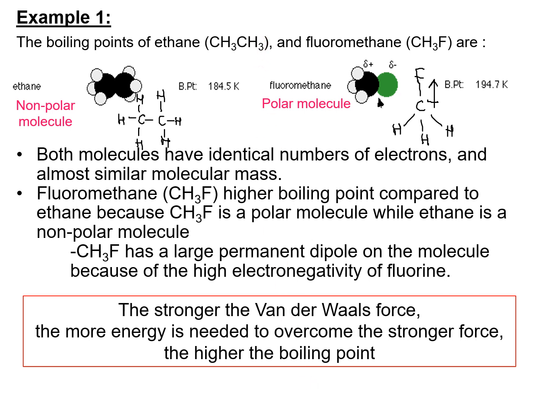Okay, where you know that fluoromethane CH3F is a polar molecule compared to CH3CH3 ethane. Ethane is a non-polar molecule. So you will know that the more polar the molecule, the stronger the van der Waals forces. So bila the stronger the van der Waals forces, the more energy is needed to overcome the stronger force. Therefore, fluoromethane CH3F has higher boiling point compared to ethane CH3CH3.